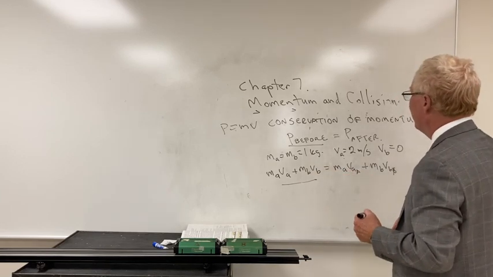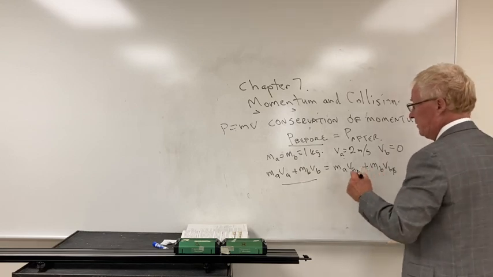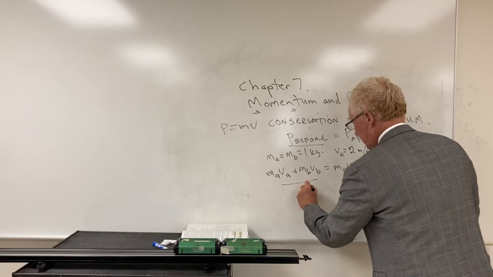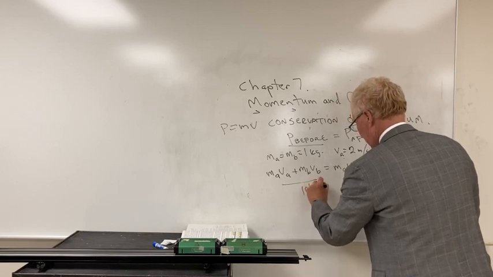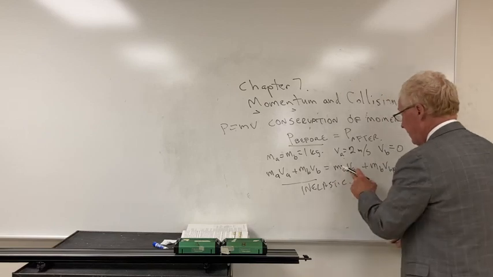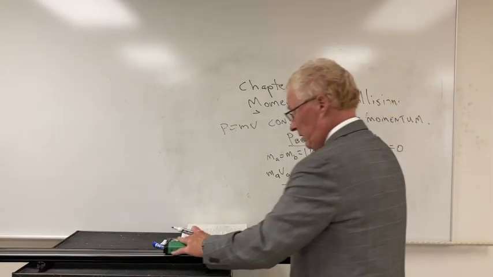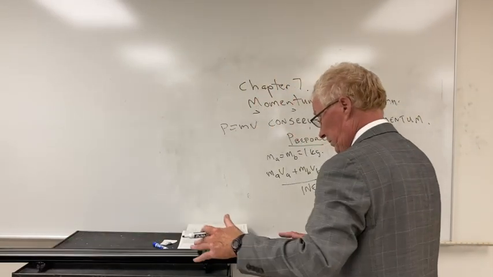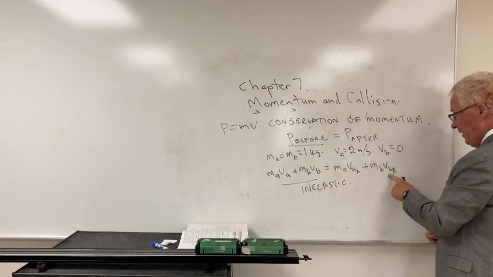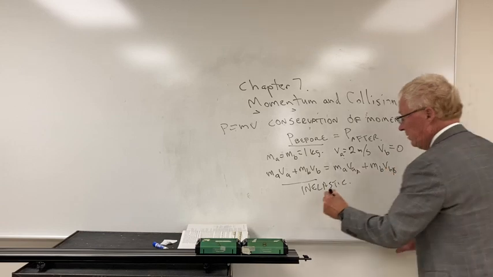Now in this case of a totally inelastic collision, then they stick together afterwards. So that means that afterwards, VA and VB are the same.